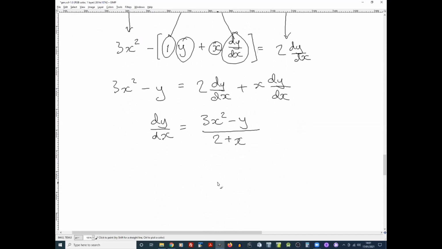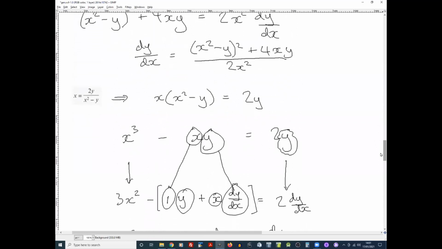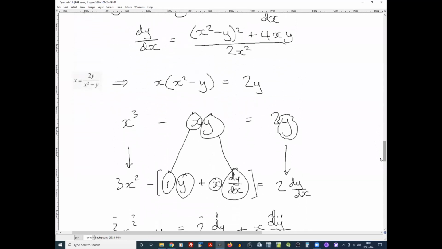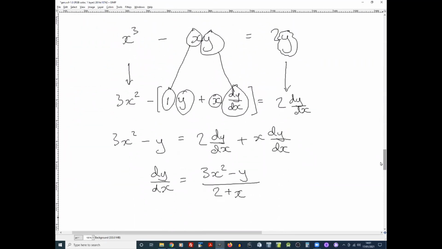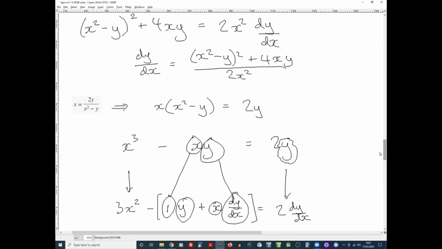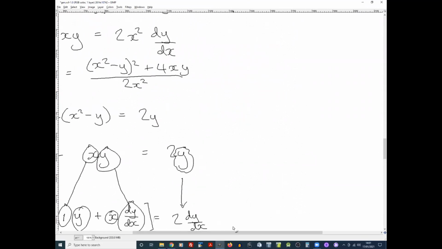There we are. Is that the same as what we had before? We're wondering. It looks a lot simpler than what we had before, but my guess is it's probably the same thing. I don't know. That was probably the way I was meant to do it.